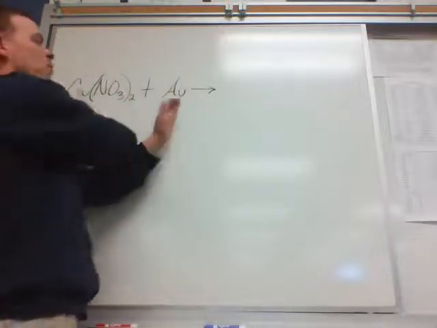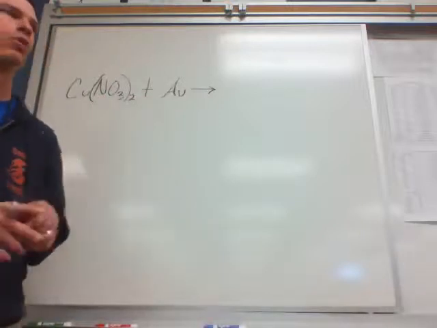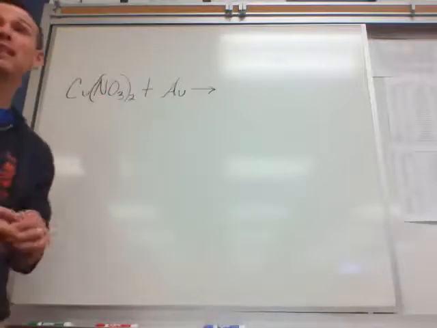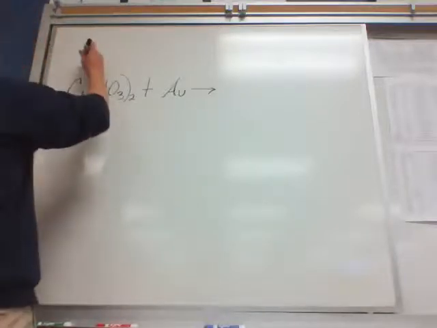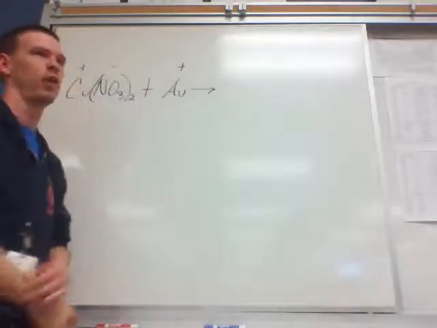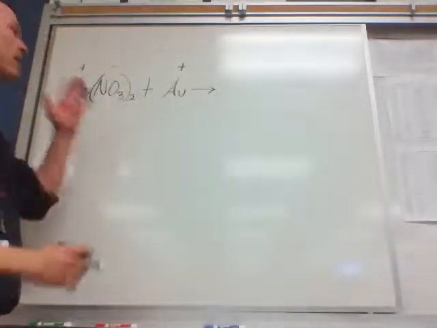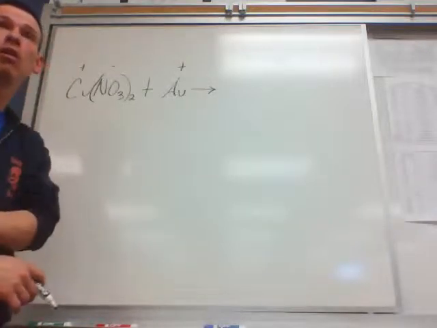It doesn't matter which comes first. It's an addition problem, right? 2 plus 3 is the same as 3 plus 2. So it's single replacement. If I identify charges, I know transition metals are always positive, nitrate's negative, gold's another positive transition metal. And the ones that share a charge want to switch, but make sure they will.